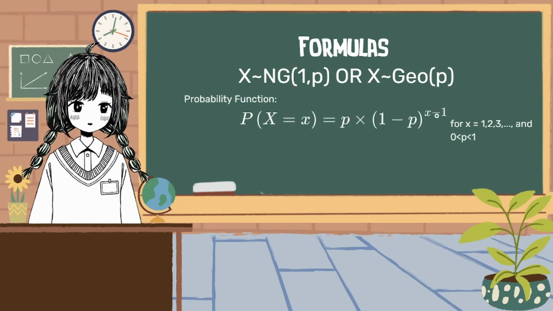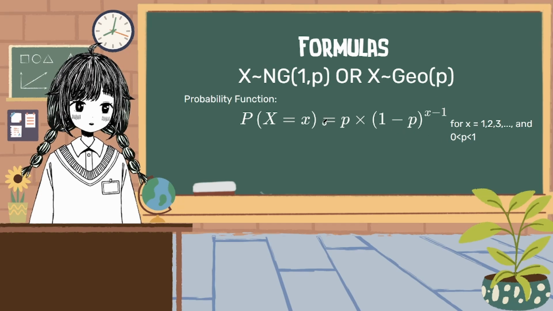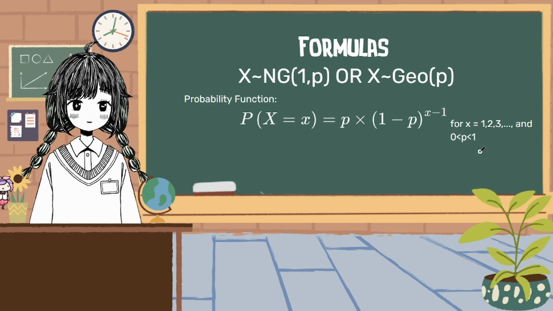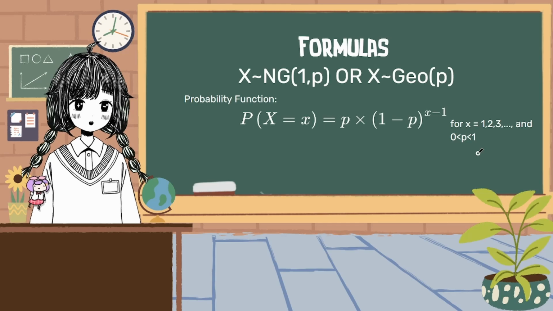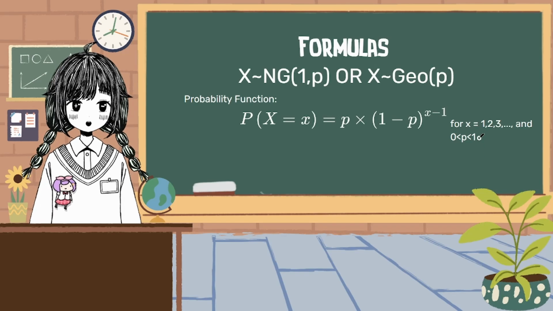Now, the probability function. So you see here, this represents all the failures that happen before the final success. So for example, if we succeed on the trial X, that means we fail on the previous X minus 1 trials.